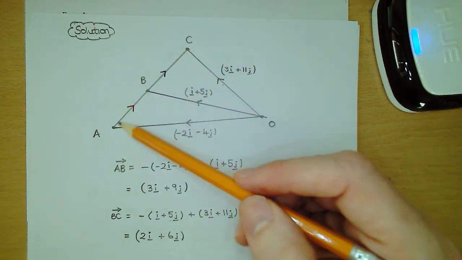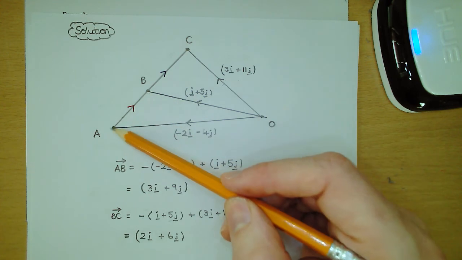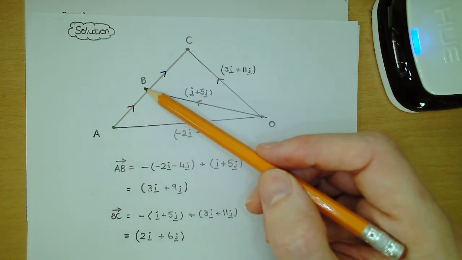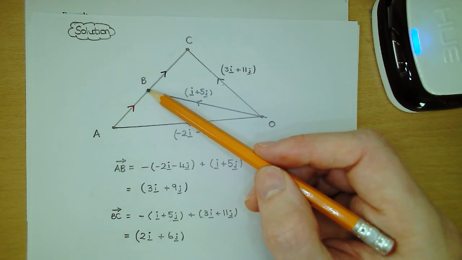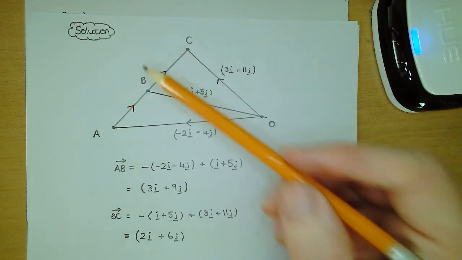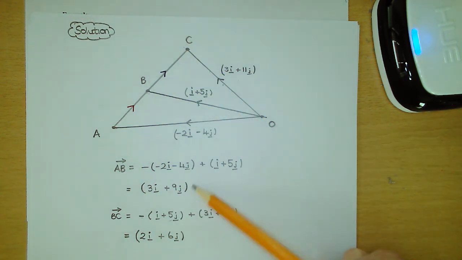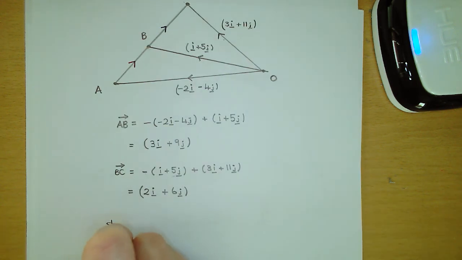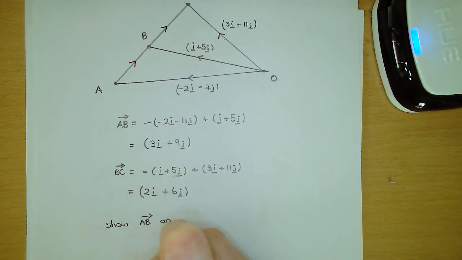Now, once we've got the displacement vector joining the first point and the second point, and we've got the displacement vector joining the second point and the third point, we now want to show that these displacement vectors are parallel. So we want to show that AB and BC are parallel.